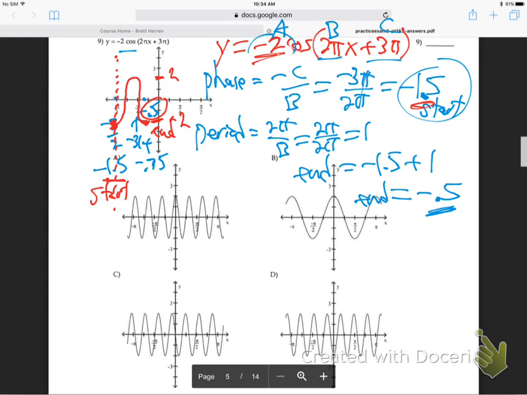Not in the midline. That's a good question. Everybody see that? So it's going to do that. Now, which one of those graphs does that? Boy, it's hard to tell. So it's going to start low at negative pi over 2 back there, huh?